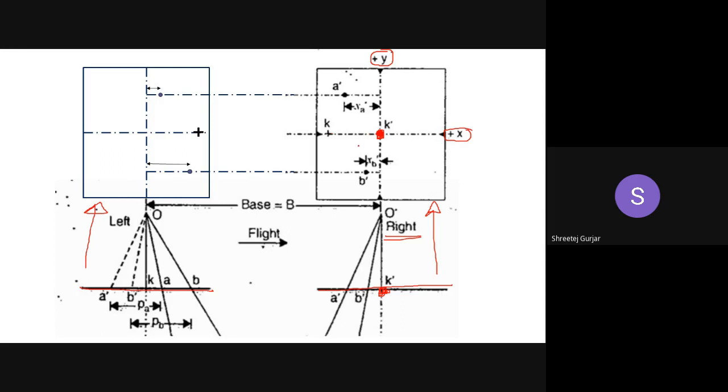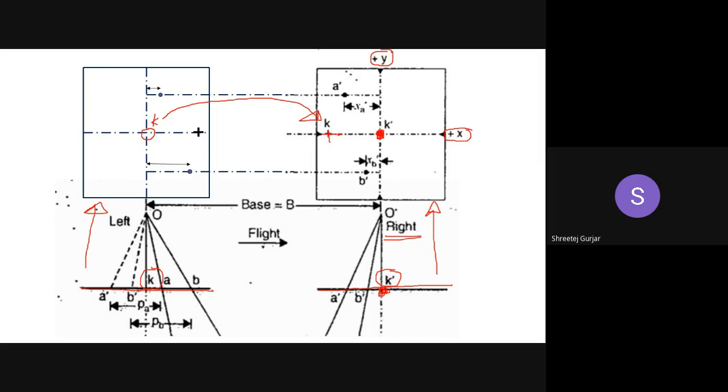One more important thing. This is your principal point K dash of the right photograph. Similarly, you have the principal point small k on the left photograph, over here. What we will do is transfer it onto the right photograph. We have transferred the principal point of the left photograph onto the right photograph, so it will be marked over here.